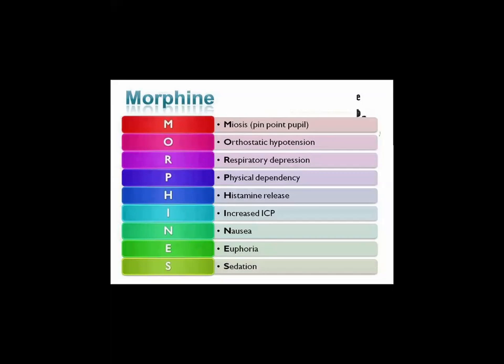Almost all medicines inhibit the respiratory center in the medulla. P, they cause physical dependence. H, they influence histamine release. I, they increase intracranial pressure and quite often it causes strong headache. N, they may cause nausea.